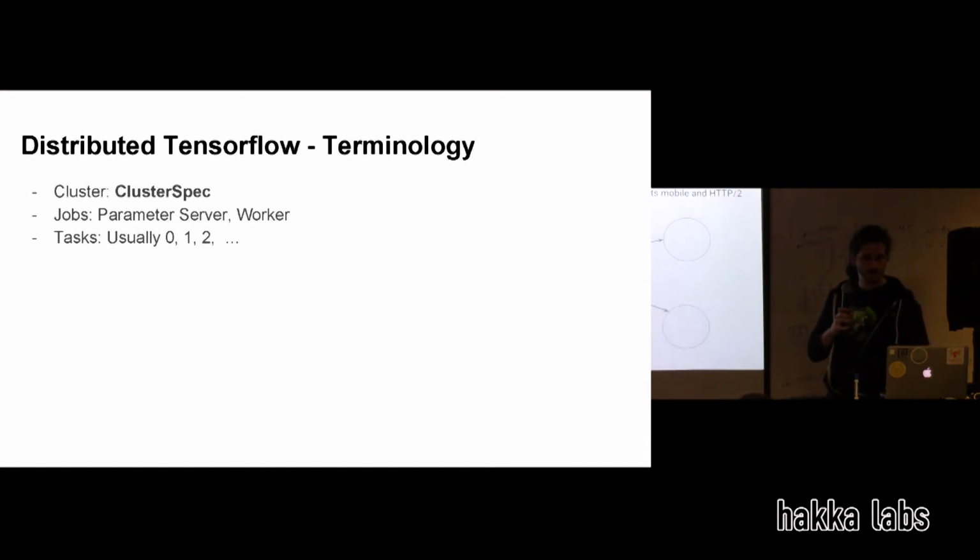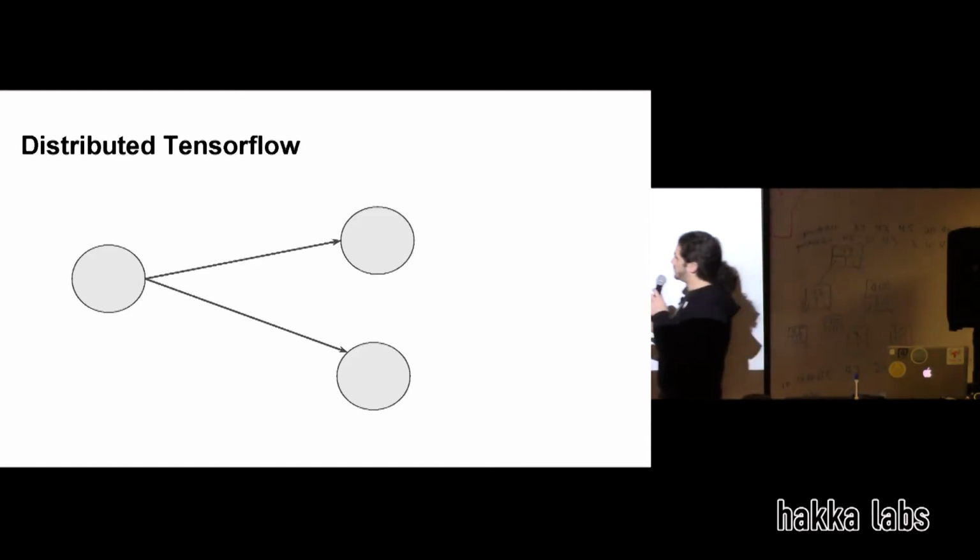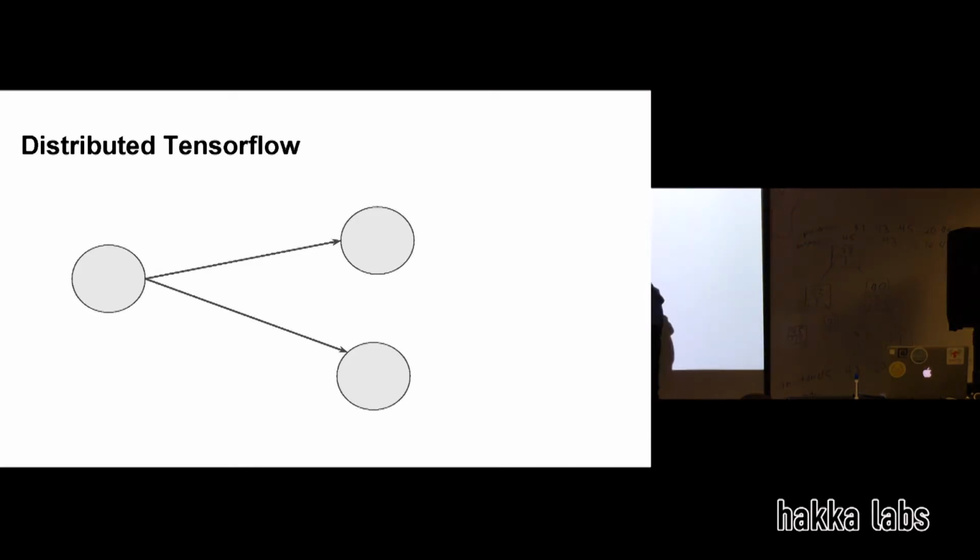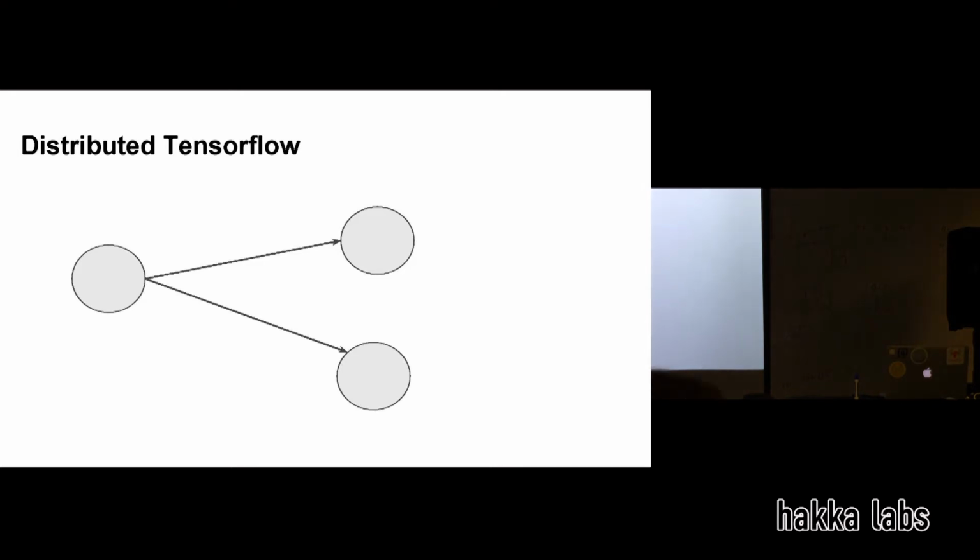Let me go back. Imagine you have this 3-node cluster, and you have your graph, and you want to compute one step of your feed-forward neural network. We will move the data and the graph onto the different nodes, compute, do the gradient descent step on the 2 different parallel nodes, and aggregate back the gradients.